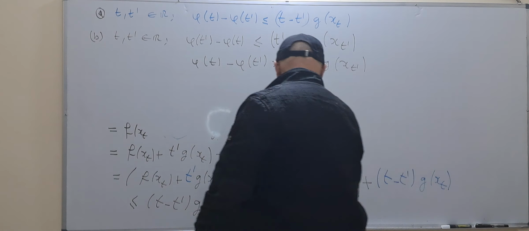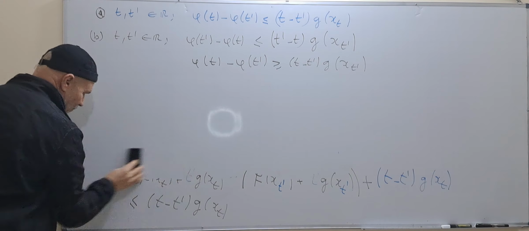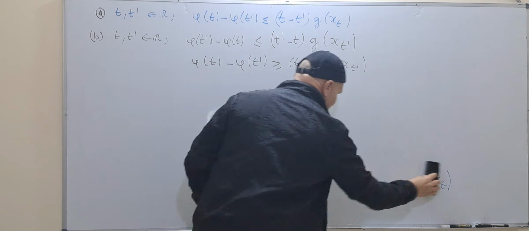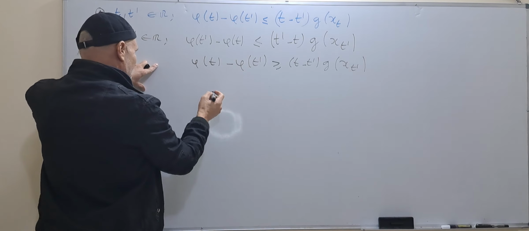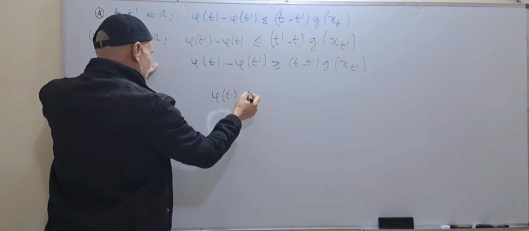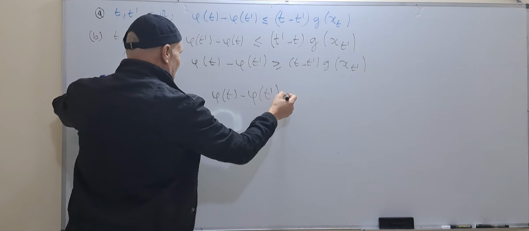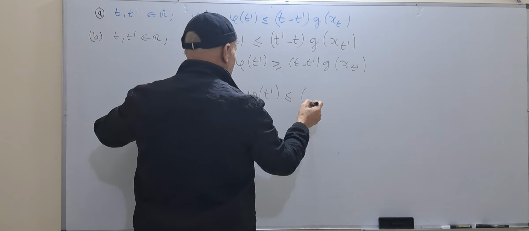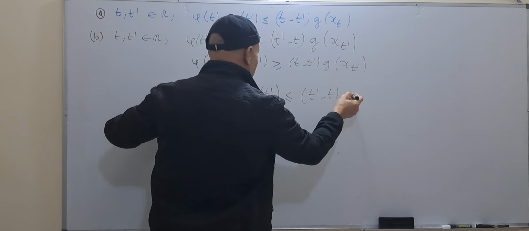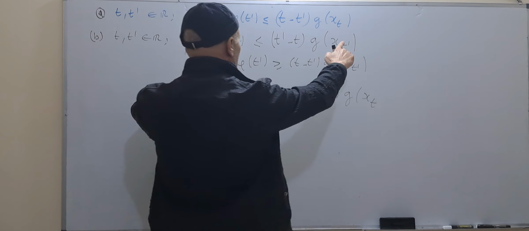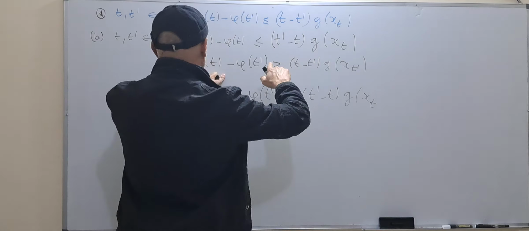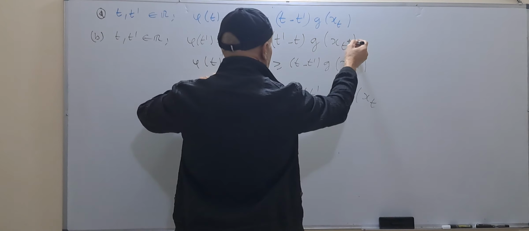At the least, one has phi of t minus phi of t prime. From the side, it is less than t prime minus t g of xt here, t prime here.